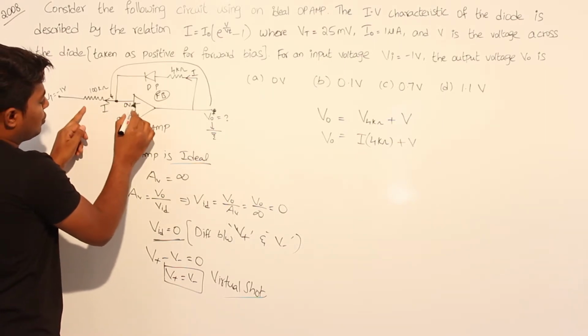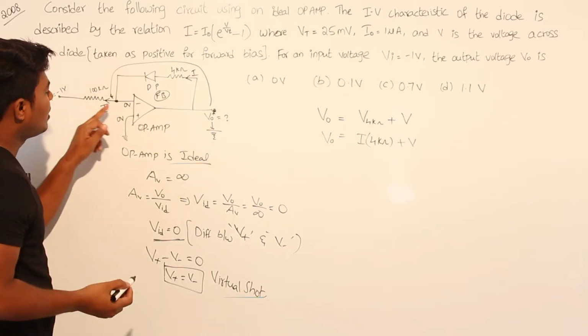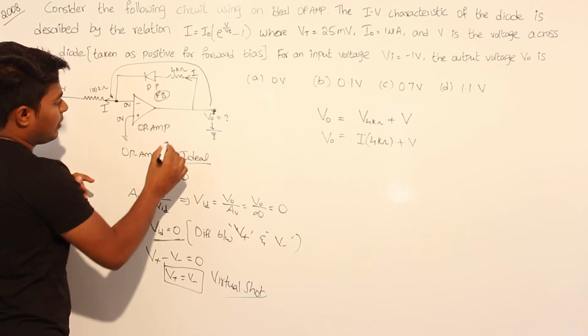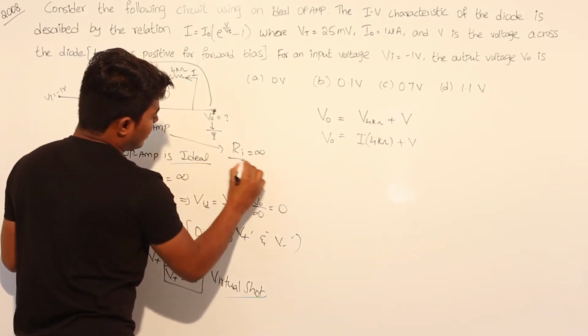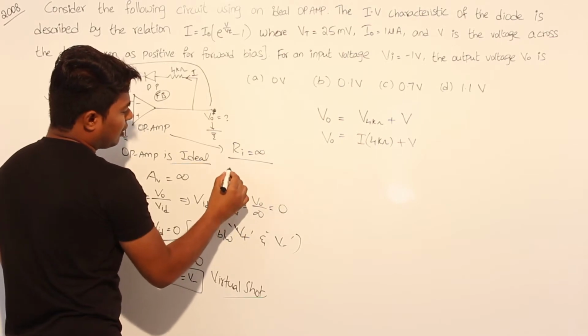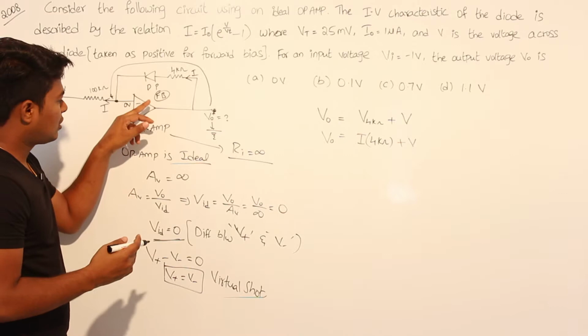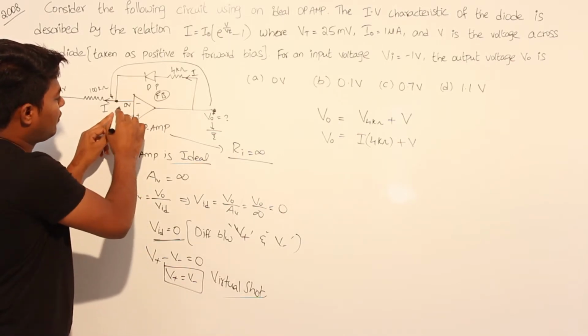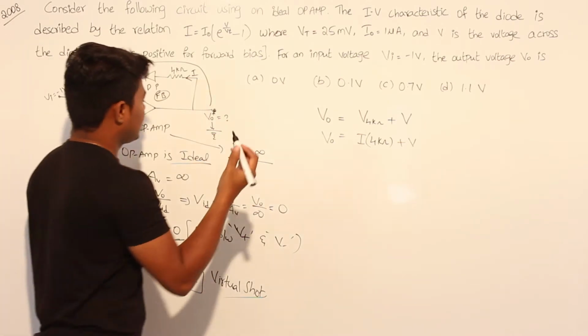It will not go through the inverting terminal, because the op amp is ideal. Another important characteristic of an ideal op amp is Ri = infinity, which means it will not allow any current to flow into the op amp. So all the currents through the op amp will be 0. The same current will flow through the 100 kilo ohm resistor.